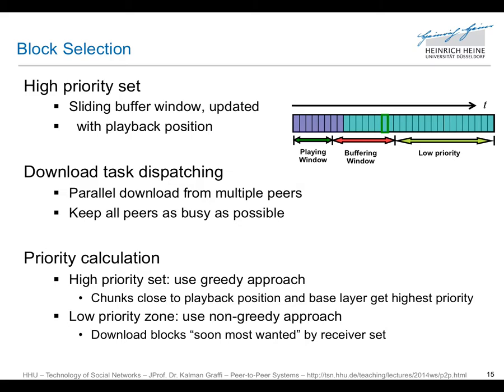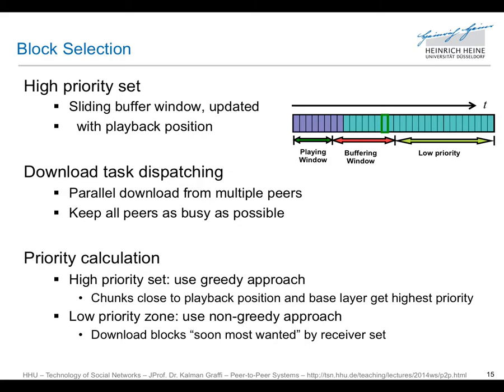Okay, so how is the chunk selection then done? What are simple solutions there? First of all, it doesn't make sense to use rarest first here, because our highest priority is to make sure that the playback is continuous, so that you always have the chunk that is to be played next.